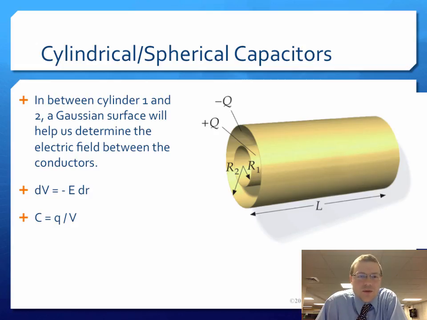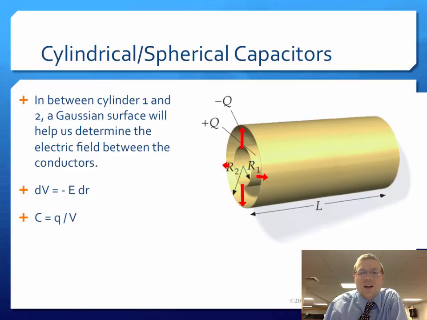The last example we have here is finding a cylindrical capacitance, charging one cylinder positively and the other cylinder negatively. If we want to find the capacitance, we've got to do the charge per unit volt, which means using dV equals negative E dot dr again to solve for the electric field that's set up between these two cylinders here.